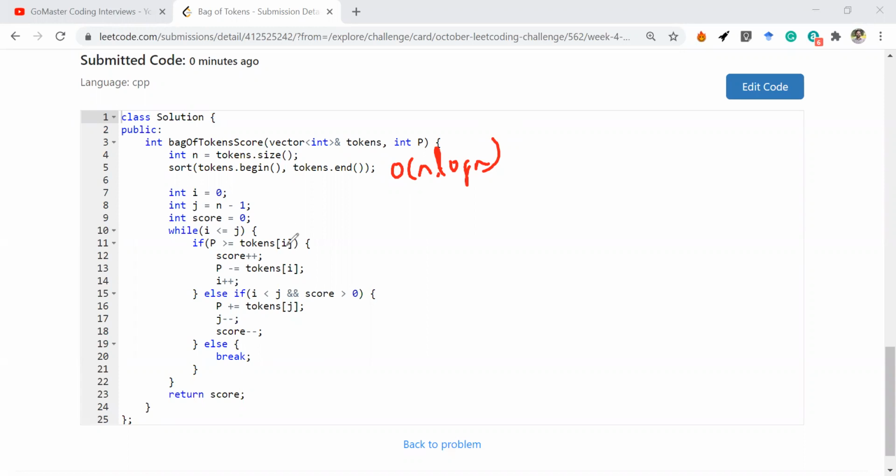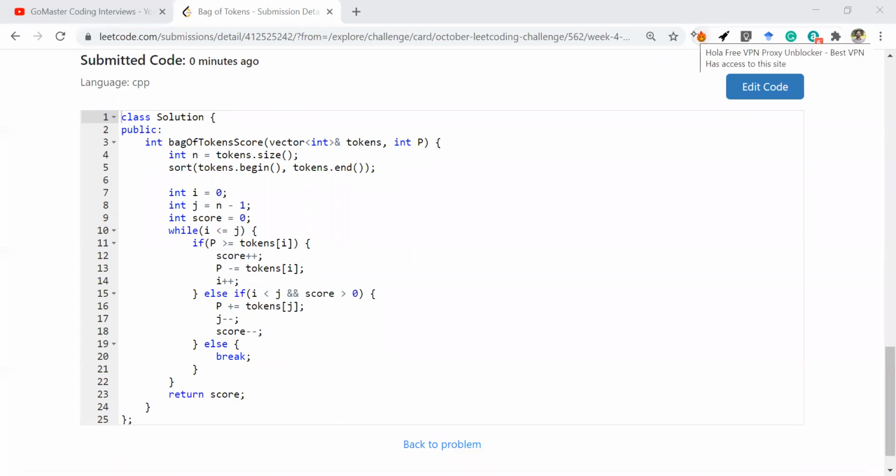In every loop, if we are not breaking out, we are either incrementing i or decrementing j. That means the range of i to j is always reducing by 1, and all these operations are linear time. So sorting is the significant operation in terms of time complexity, and the overall time complexity is big O of n log n.